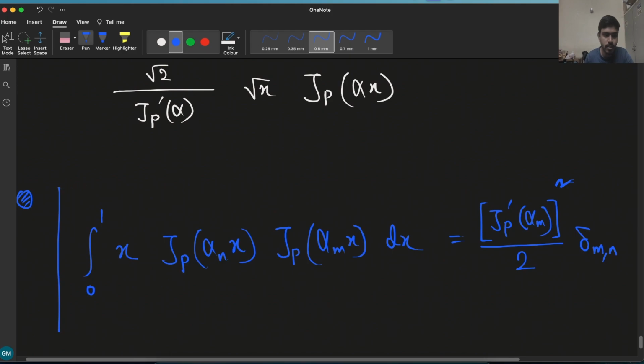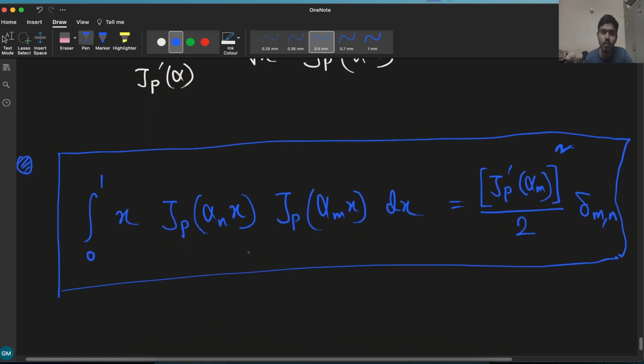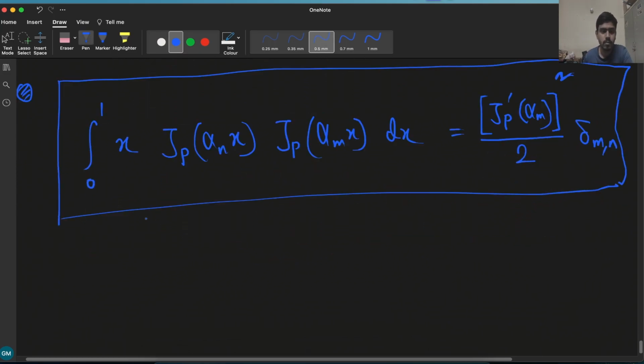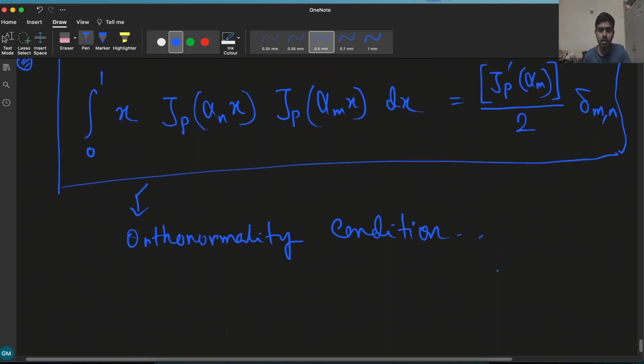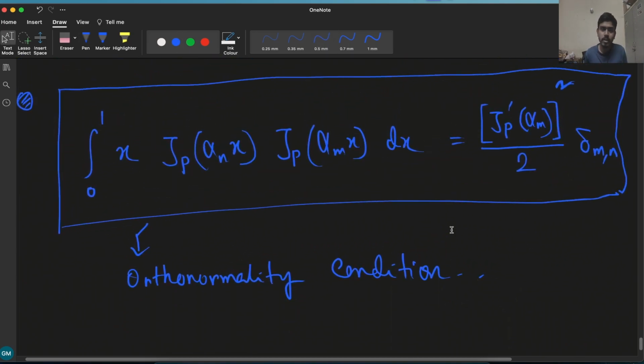So this is the orthonormality condition for Bessel functions. This is what we mean when we call these Bessel functions normalized.